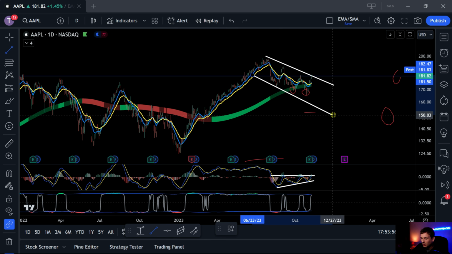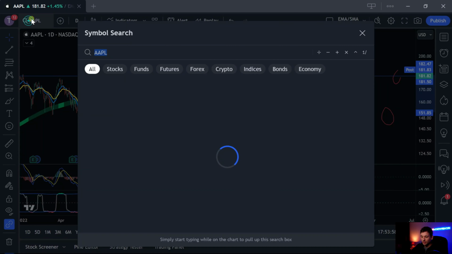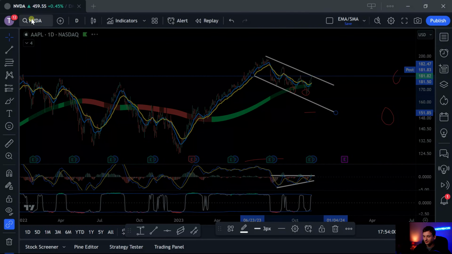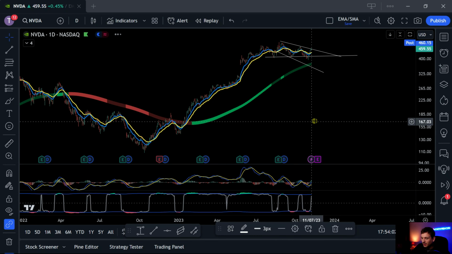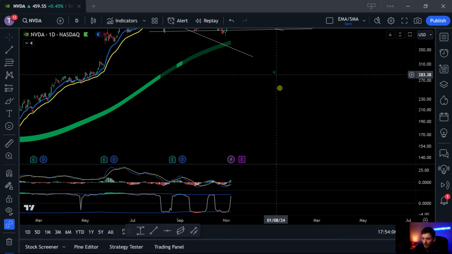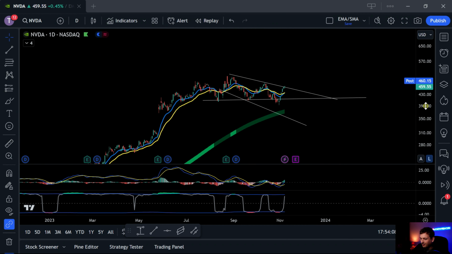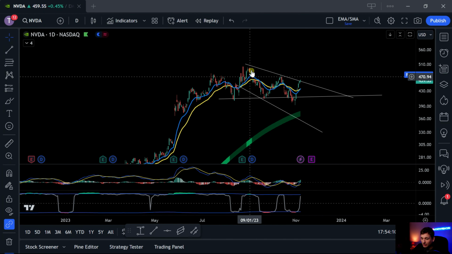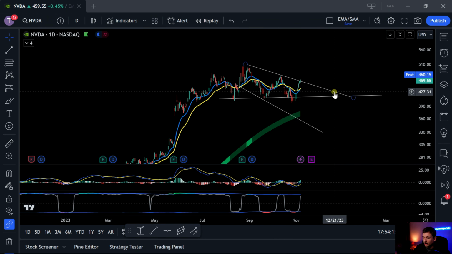So let's go on to Nvidia. Now, Nvidia is basically the same thing. I drew this up quite a while ago, actually. I don't know when I drew it up, but so far it's been working pretty well.